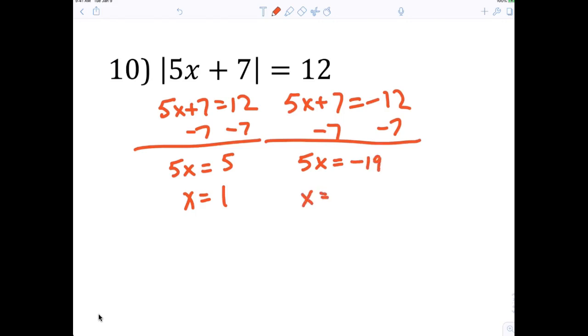So x is equal to, we're allowed fractions, negative 19 over 5. You see, some of you guys, you're not the only ones having a little bit of trouble, right? See, even Jack has trouble every once in a while. All right, I agree with that. All right, here we go. Now, same thing every single time.